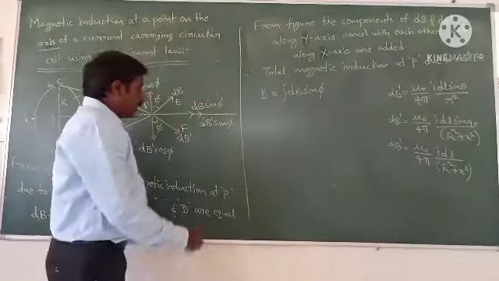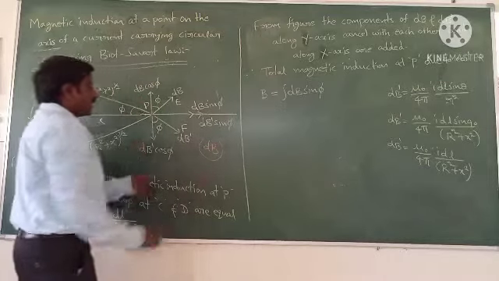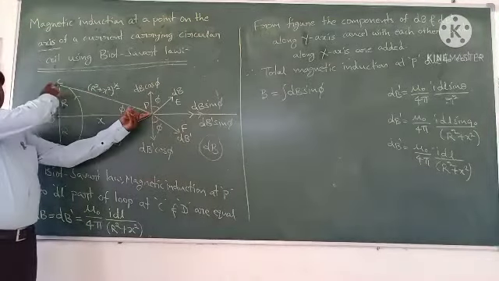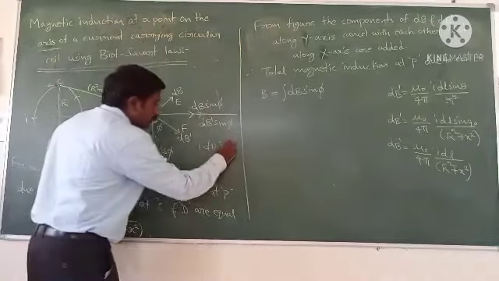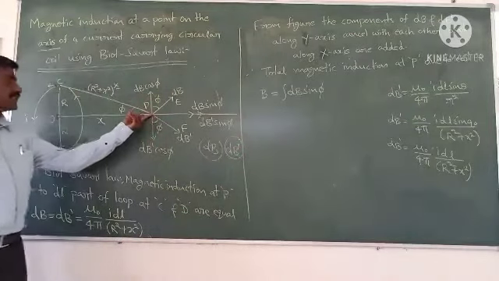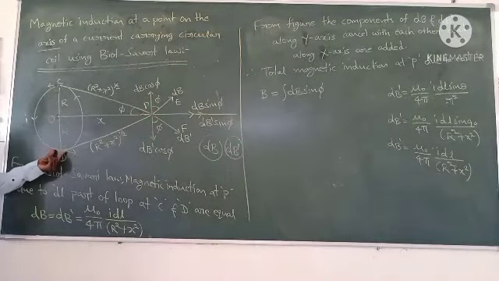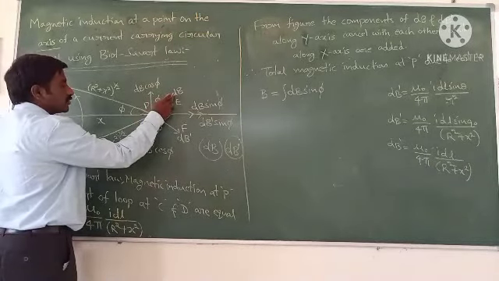That means dB is the magnetic field at point P due to the dl element at C, and dB dash is the magnetic field at point P due to the dl element at point D. The dB direction is along the PE direction. It will be split into two components.